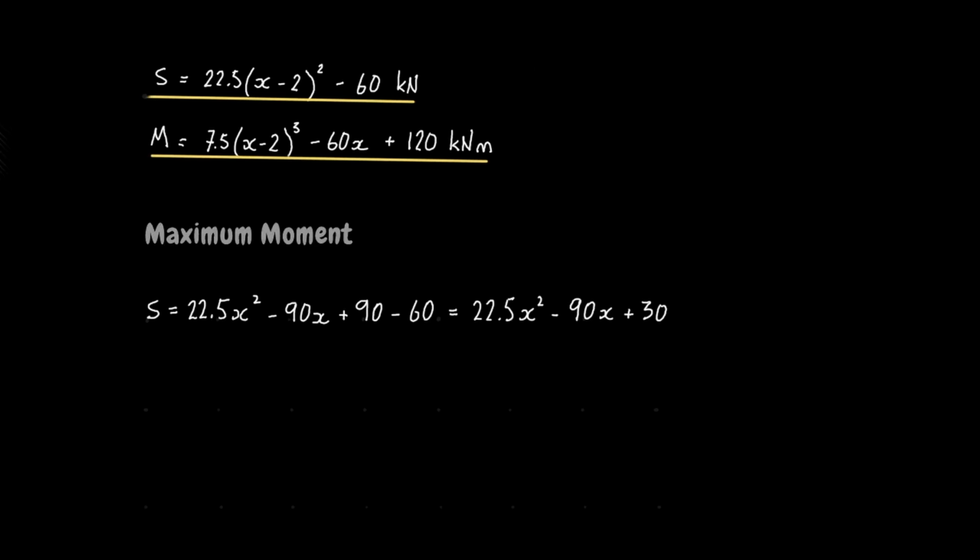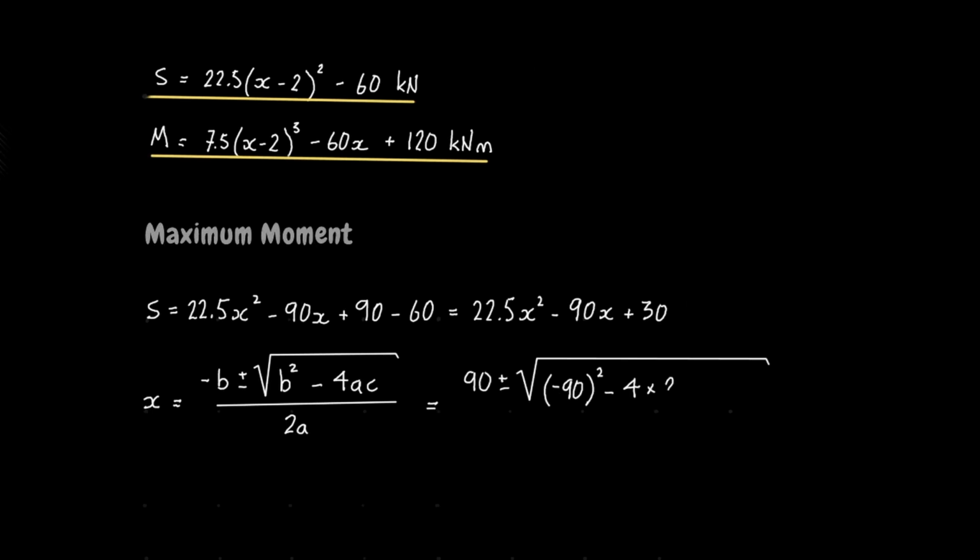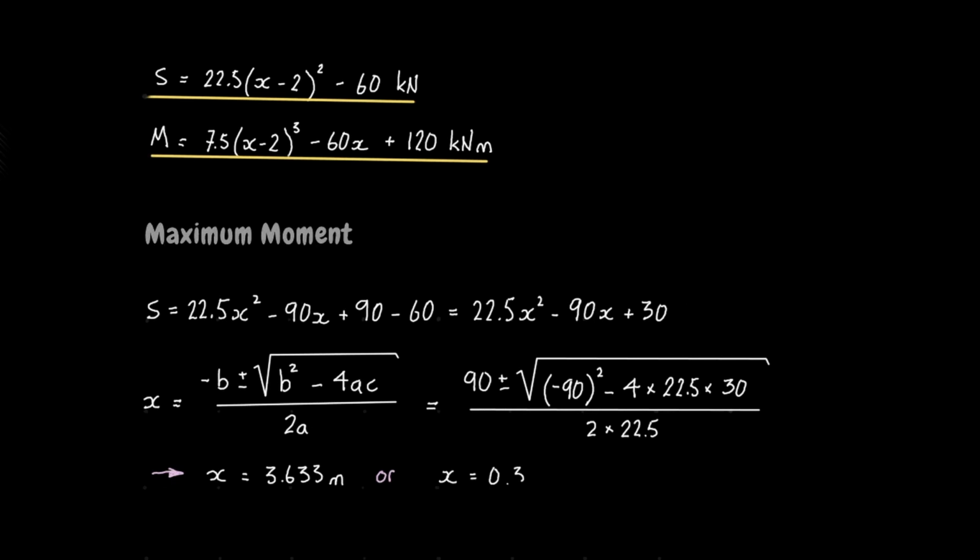The standard solution for a quadratic is minus b plus or minus the square root of b squared minus 4ac, all over 2a. Plugging in the coefficients from the shear equation yields x is equal to 3.633 meters, or x is equal to 0.367 meters.